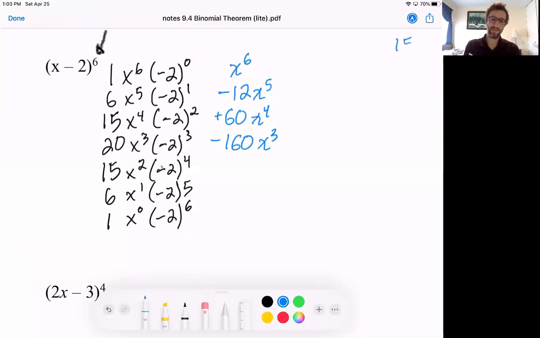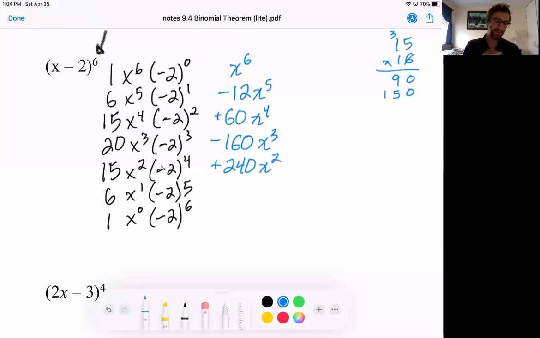So we have 15 times 16. I don't know what that is, so let me calculate that. 5 and a 1. So 240. And it's positive.